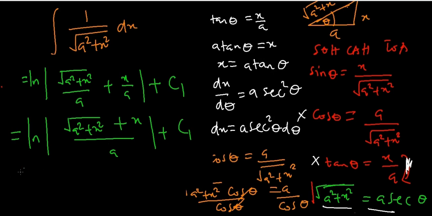Now when you have a log of the form log of B over A, this will be the same as log of B minus log of A. So it's the same thing that you are going to apply here. You are taking the square root of a squared plus x squared plus x as B, and then you are taking a as A.